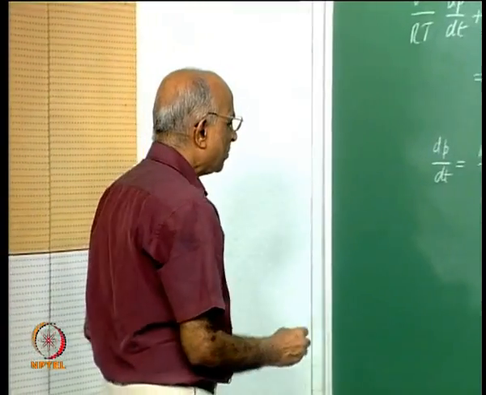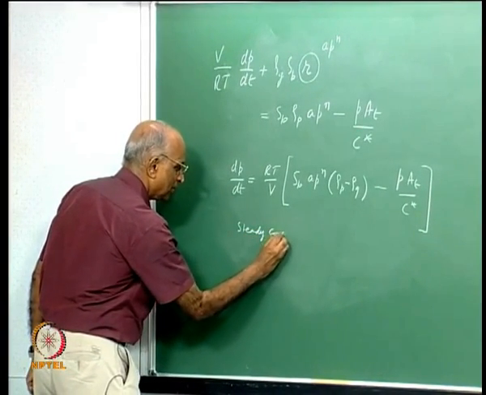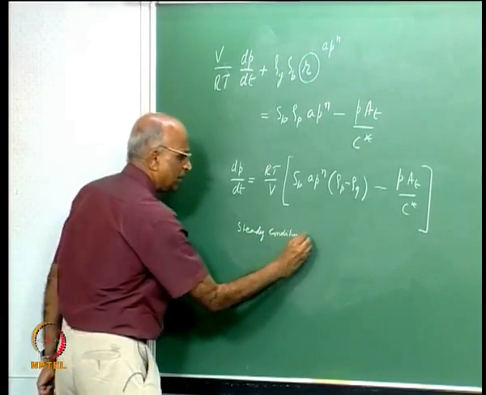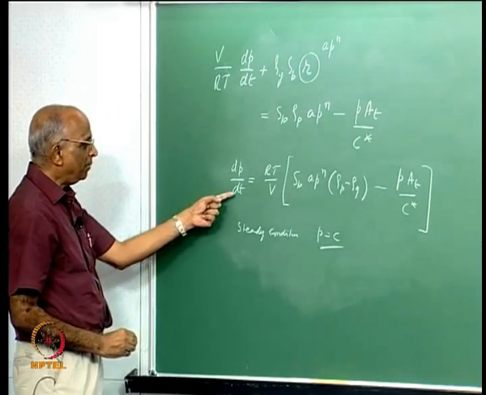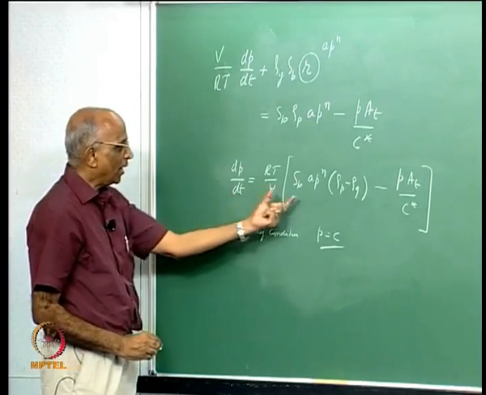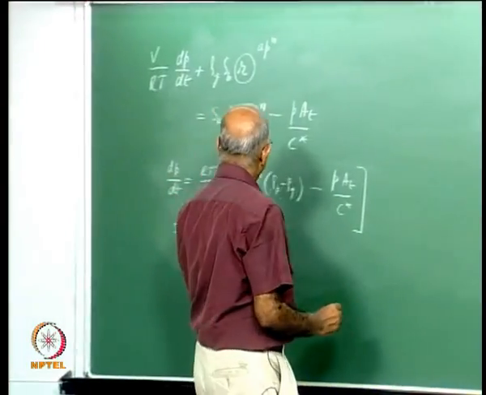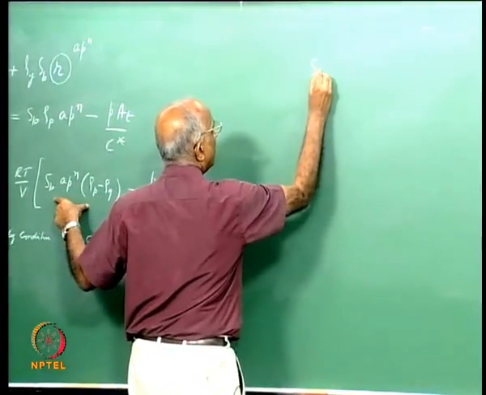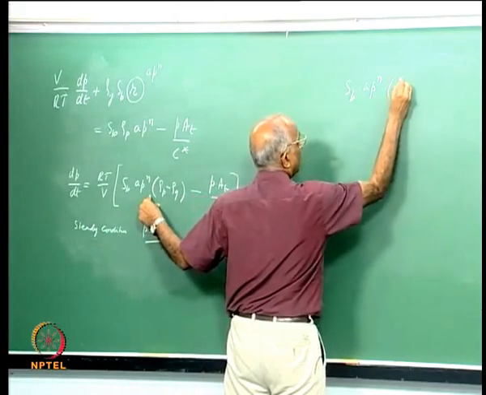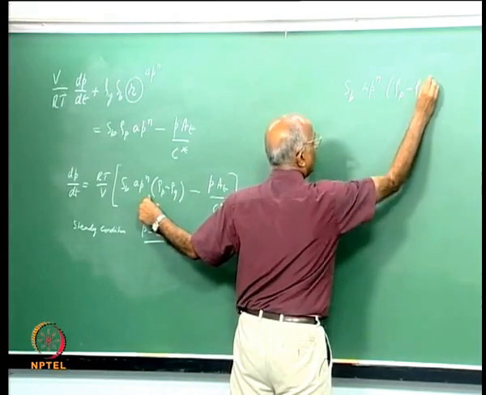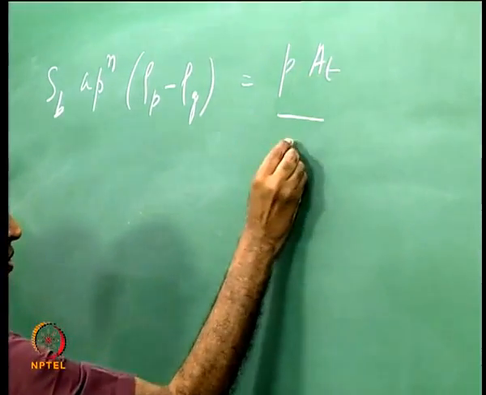Now I want to know what happens under steady conditions. By steady conditions I mean the pressure with respect to time is a constant, pressure does not change, therefore dP by dt is 0, therefore this term must be equal to this term, or rather I get S_B into a P to the power n into rho_p minus rho_g is equal to P A_T by C star.